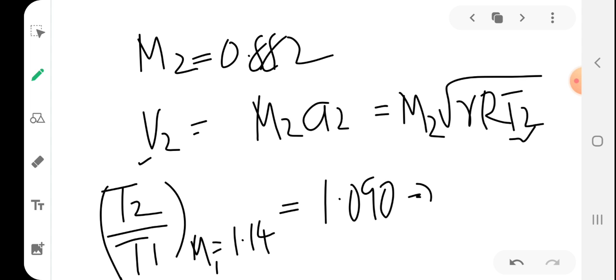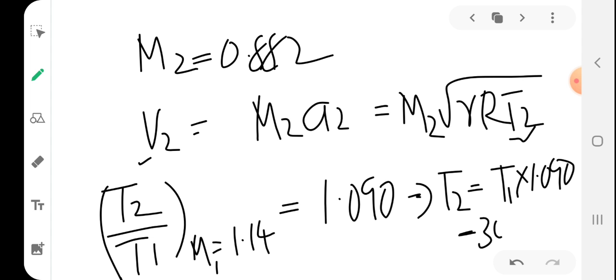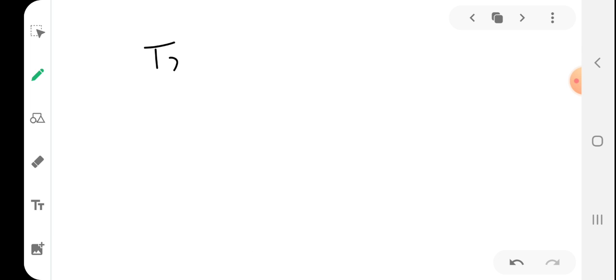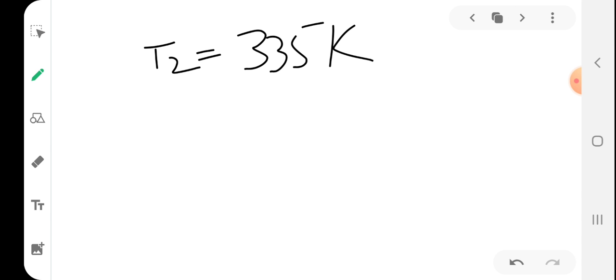So T2 is T1 into 1.090, which is 308 into 1.090. You will obtain T2 as around 335 Kelvin.